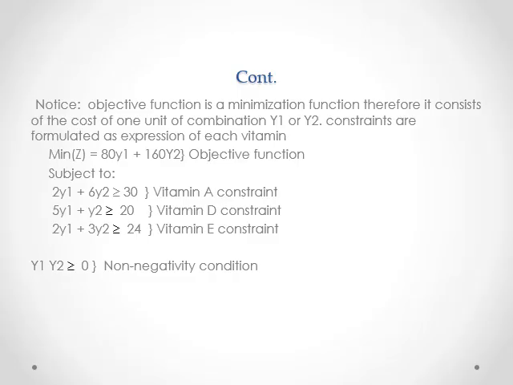2y1 plus 6y2 more or equal 30. This constraint expresses vitamin A. So vitamin A is 2 in the first combination and equals 6 in the next combination.